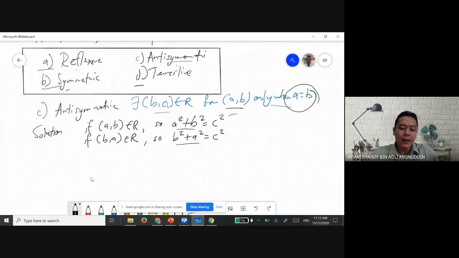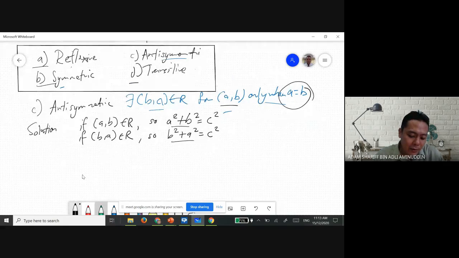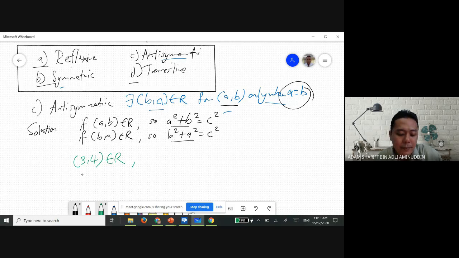Okay. Apakah contoh Pythagorean theorem? Apakah contoh ordered pairs yang ada dalam relation ini? Pertama sekali 3, 4 ke? 3, 4 ada dalam R. Sebab 3 squared plus 4 squared equals to 5 squared. 6, 8 ada tak dalam R ni?